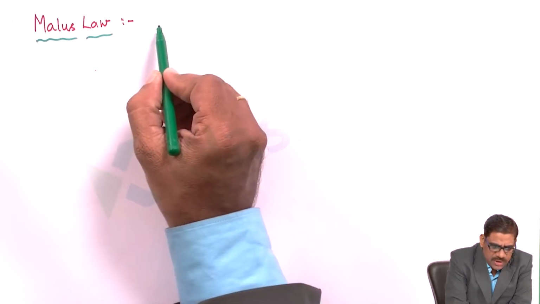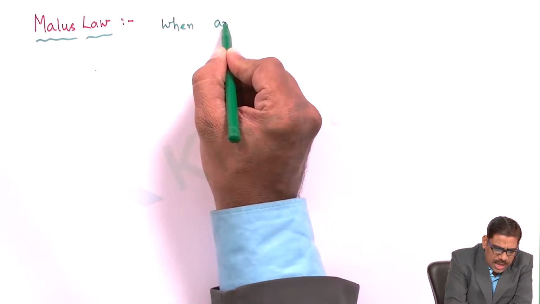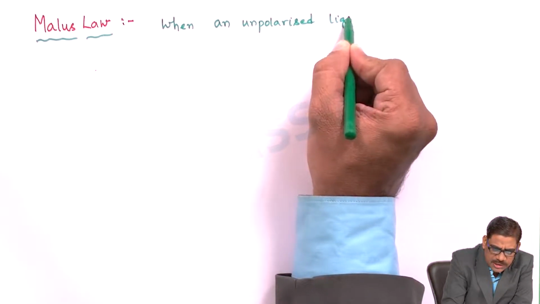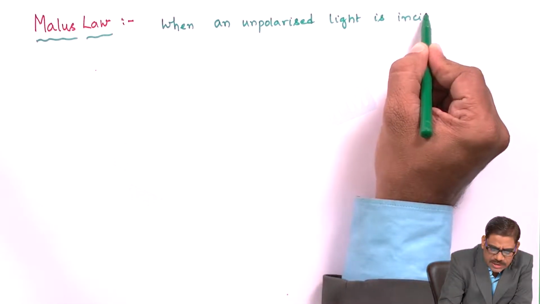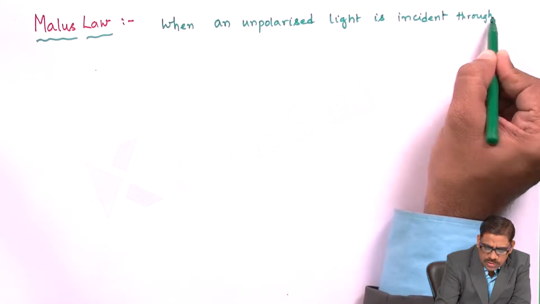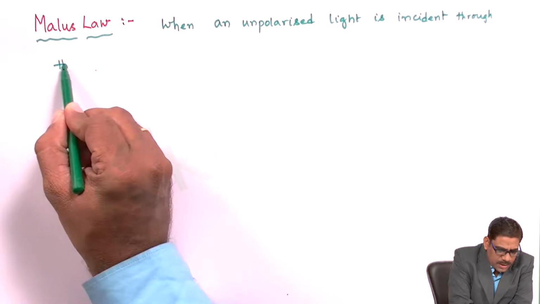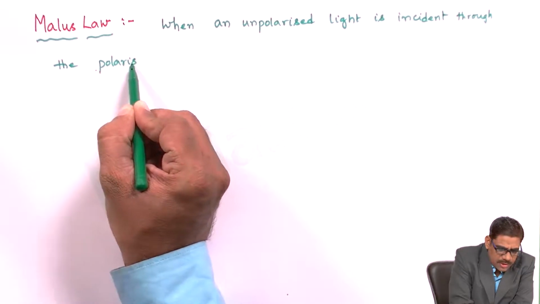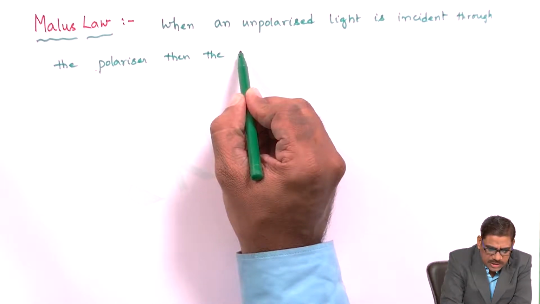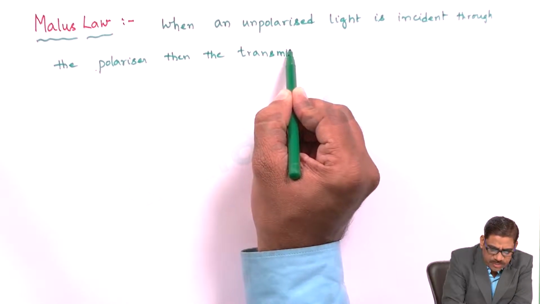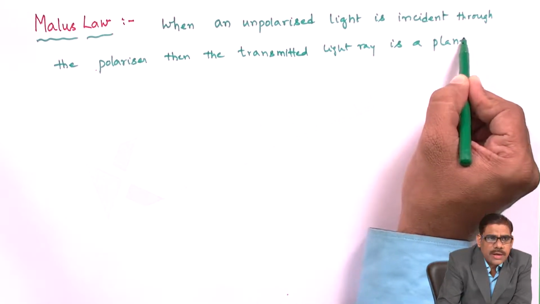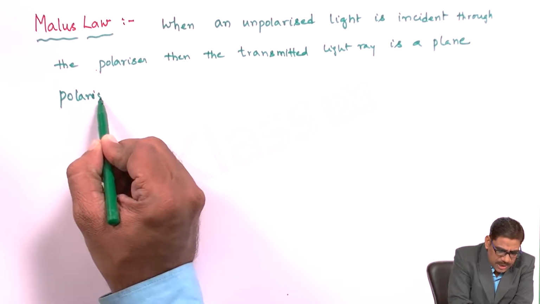Now we write it here like this: when an unpolarized light is incident through the polarizer, then the transmitted light ray is a plane polarized light.